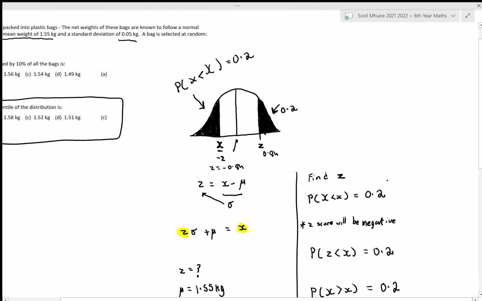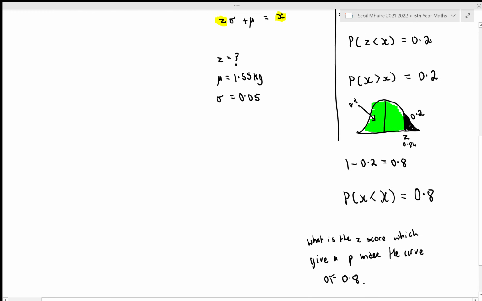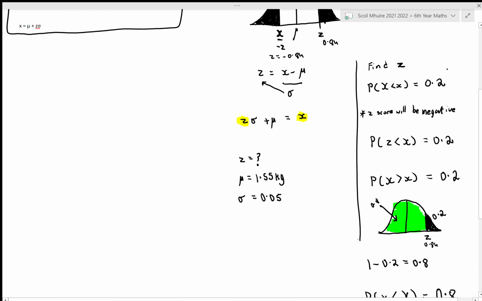Now that we've found the z-score, we can substitute it into our formula and find what x is. Coming back up here, I now know that z is equal to minus 0.84. So finding our weight, we substitute these values into our equation: minus 0.84 times 0.05 plus 1.55 is equal to x.